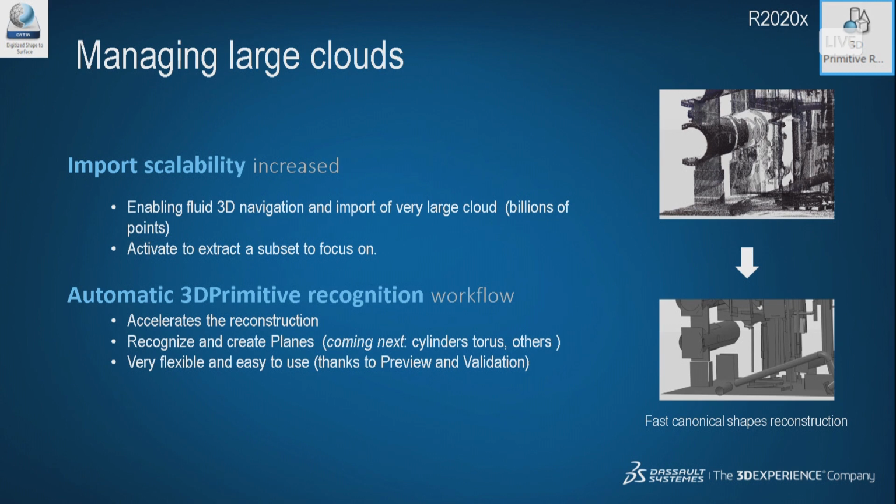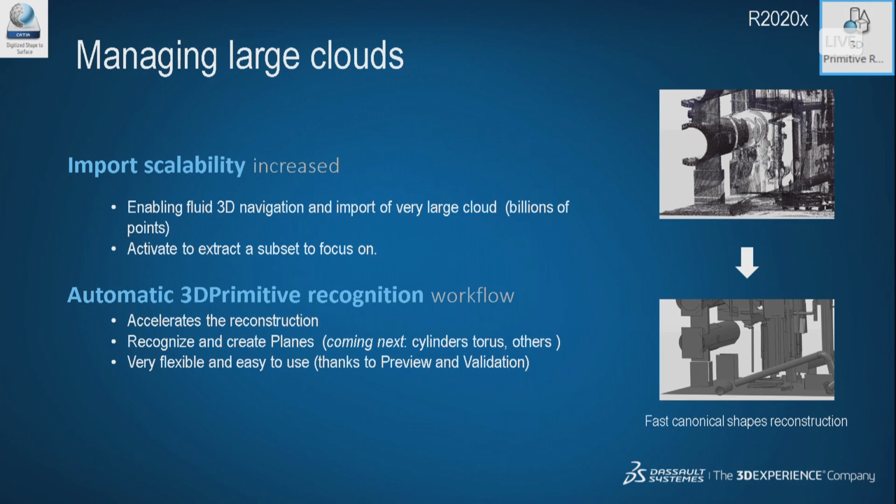Mostly this is for construction or industrial equipment industries. If you have, for instance, a full factory that you want to rebuild into CATIA because you lost the plan and so you get only a scan as an input, this is now much easier because it is much faster to import this kind of cloud.